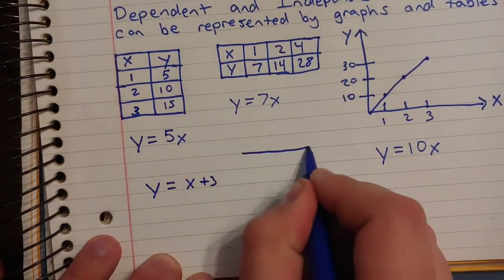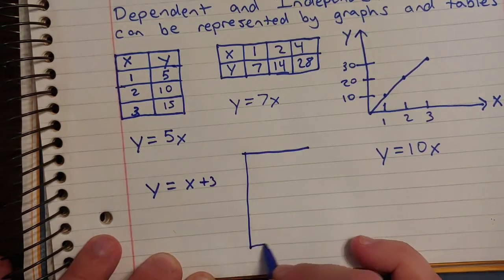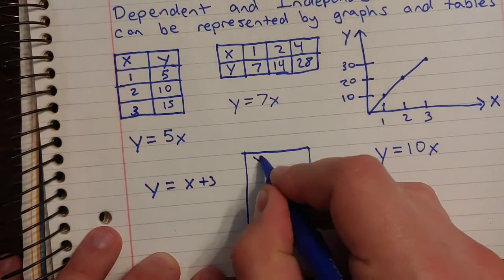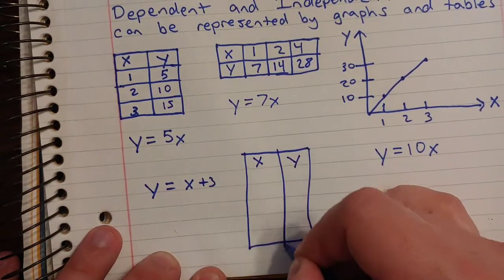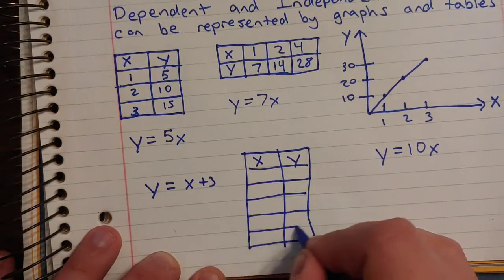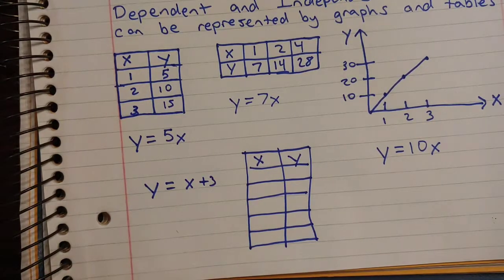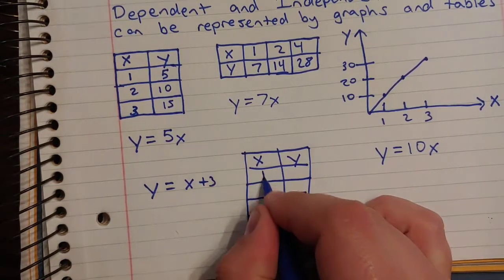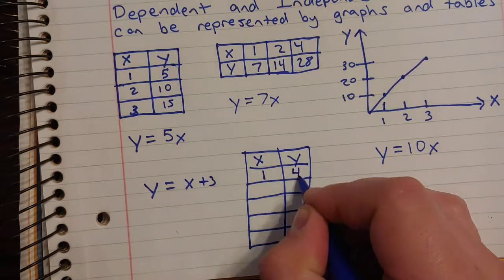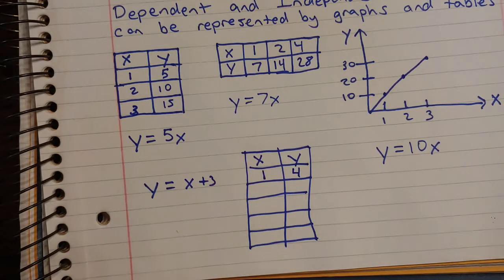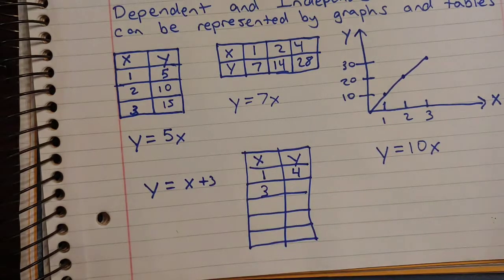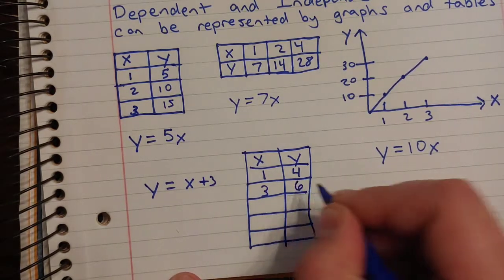So if we had a table where y equals x plus 3, if x equals 1, what's y going to equal? 4. If x equals 3, y is going to equal 6.